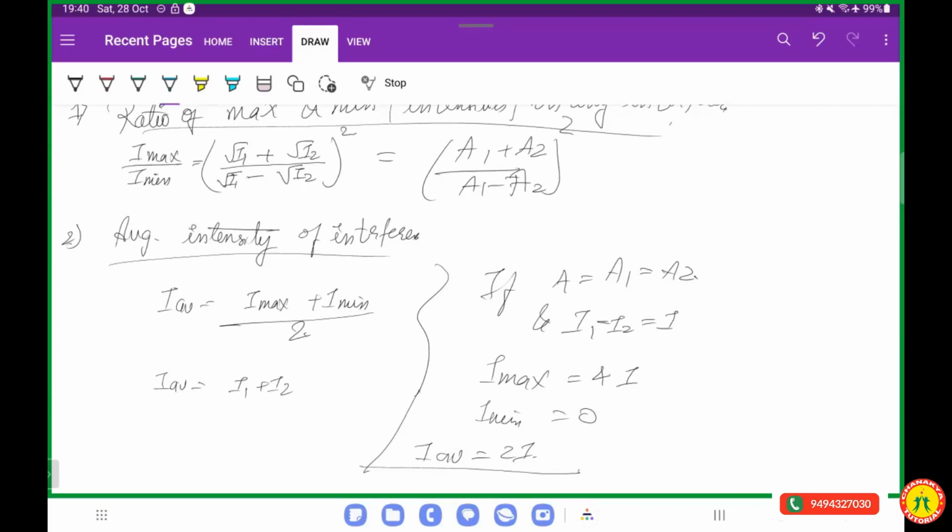Patterns, complicated. Let's go to the next thing.